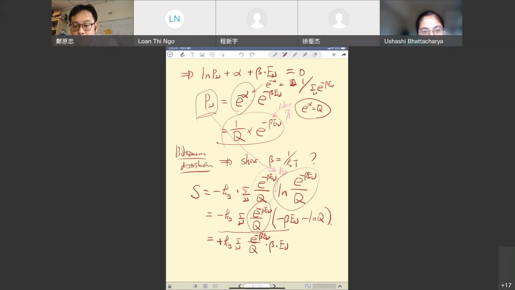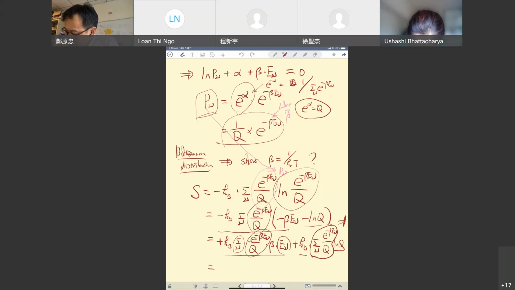The second term is minus kB sum over nu of the probability times minus natural log Q, which is plus natural log Q. The sum over probability equals 1, so this is kB natural log Q. The first part is the sum over nu of probability times energy, which is the average energy.